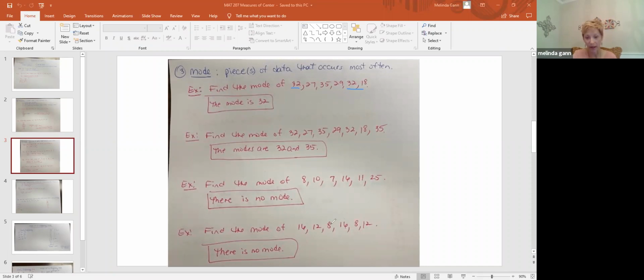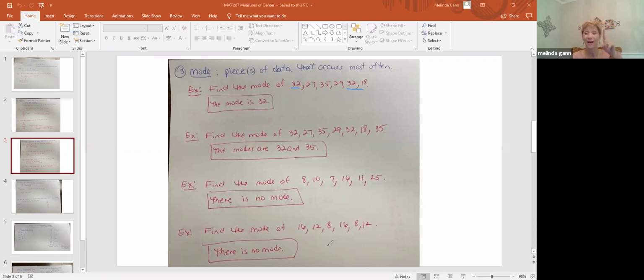Now let me reiterate. Look right here at this example. I've got 2 16s and 2 12s and 2 8s. So every piece of data occurs 2 times. So again, there's no mode because no value occurs more often than the others. So it doesn't mean which value occurs more than once. It means which one occurs most often.